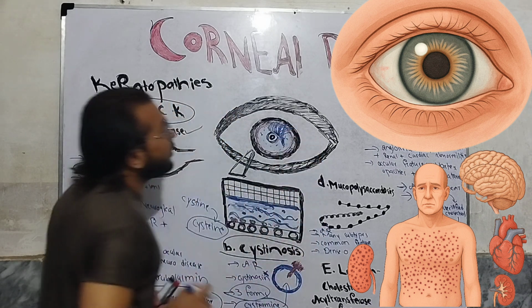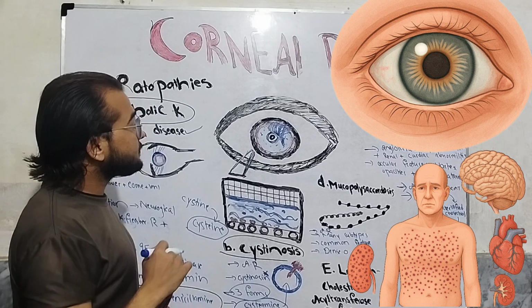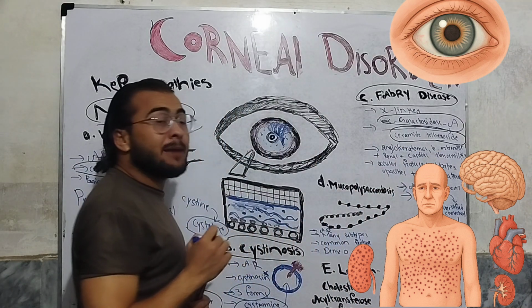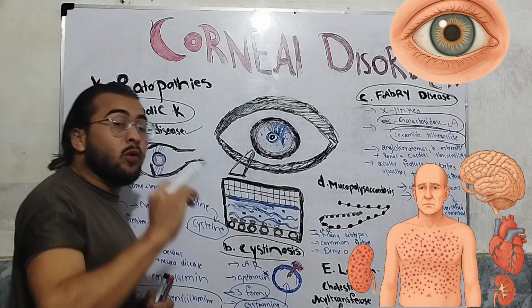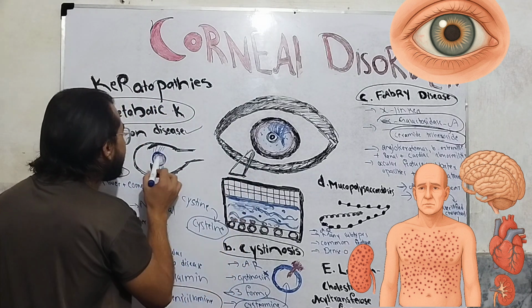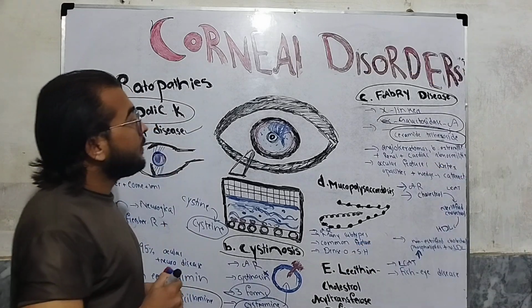This pattern is called vortex opacities. And in the lens we will have cataract. Like in Wilson disease, which shape of cataract will be present in the lens?